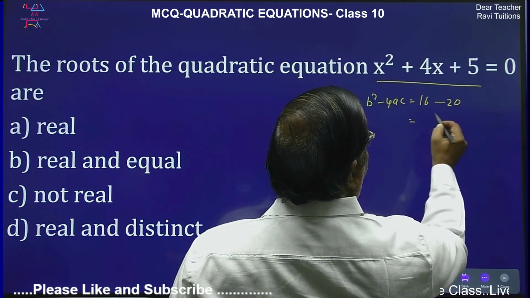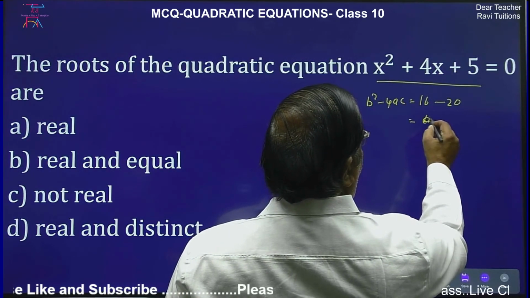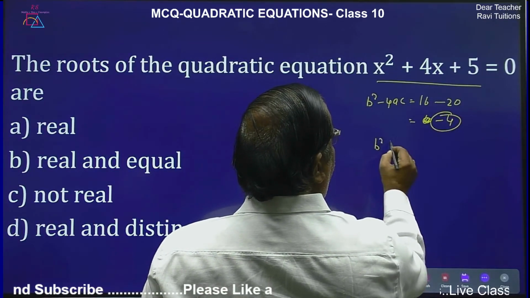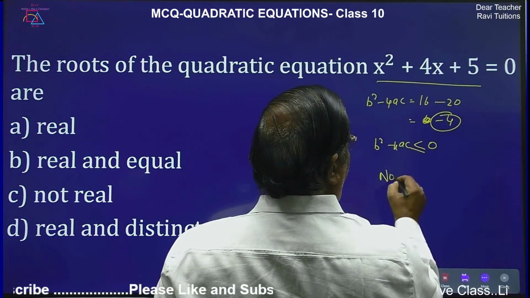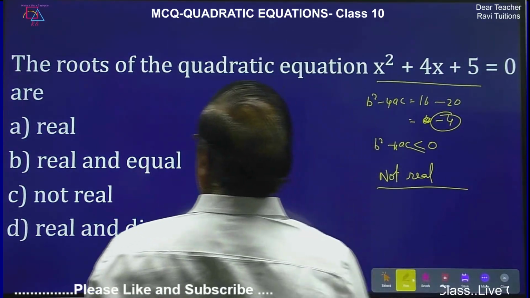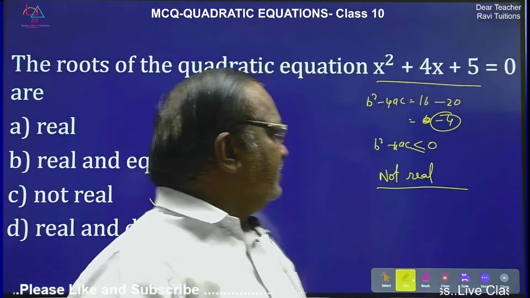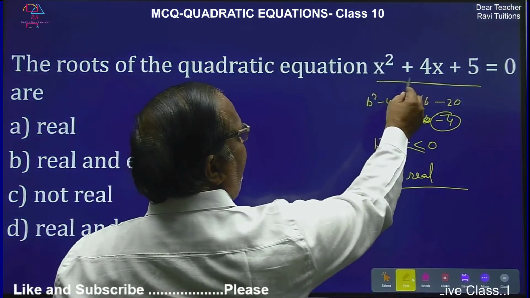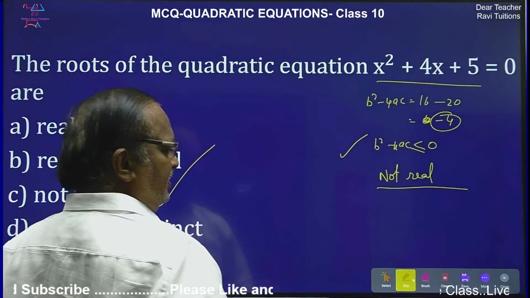So 16 minus 20, sorry, minus 4. So that means b square minus 4ac is less than 0, therefore not real. Not real is the correct answer. So C is the correct answer. So whenever you are getting not real, do one more time. 16 minus 20. So correct, our answer is correct. The roots are not real.